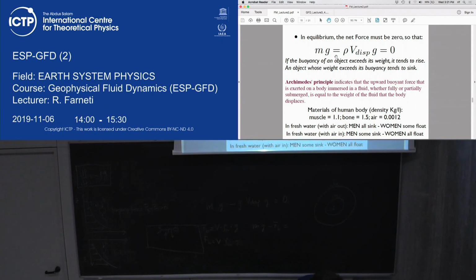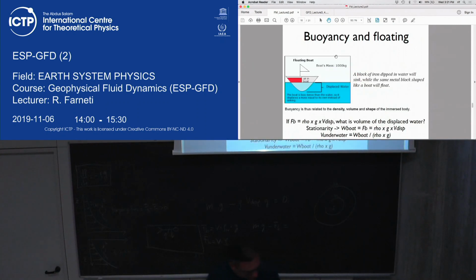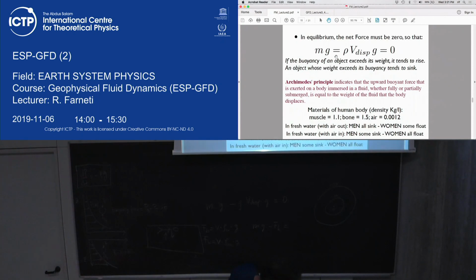Should I stop the recording? Sorry. The formula maybe is negative. So there's supposed to be a minus. The balance between the two in static condition will be 0, or you put a minus on the other side. That's a typo.